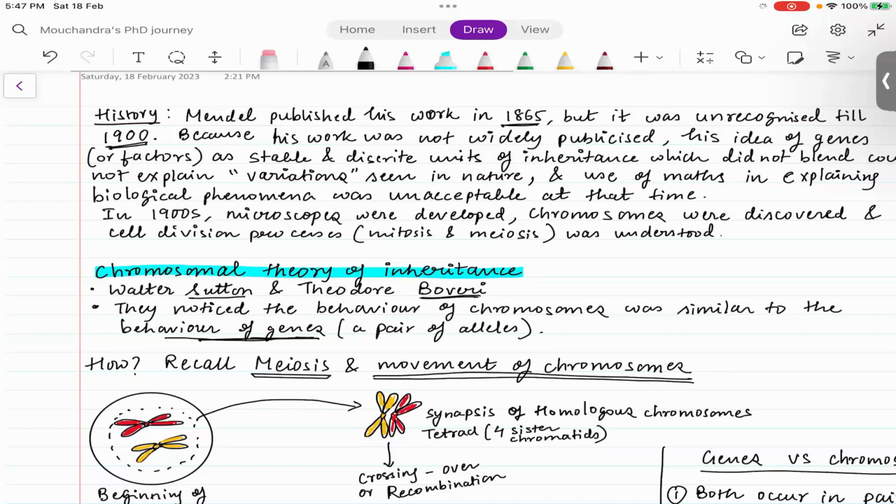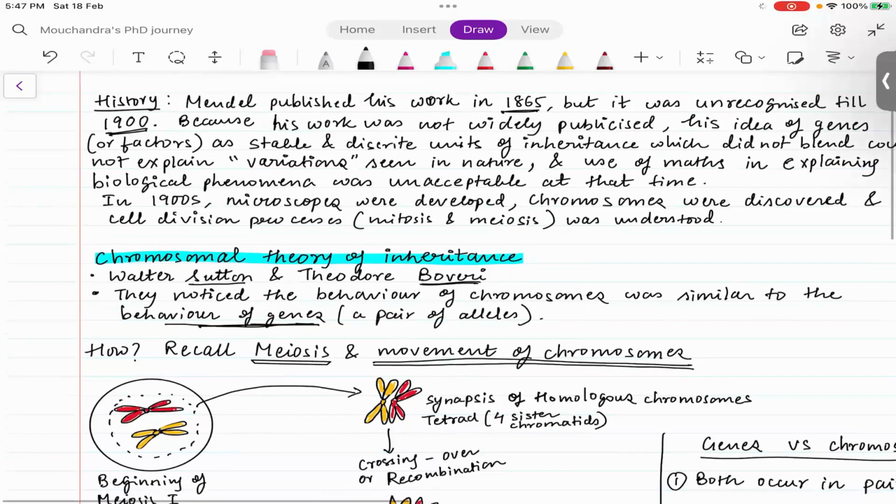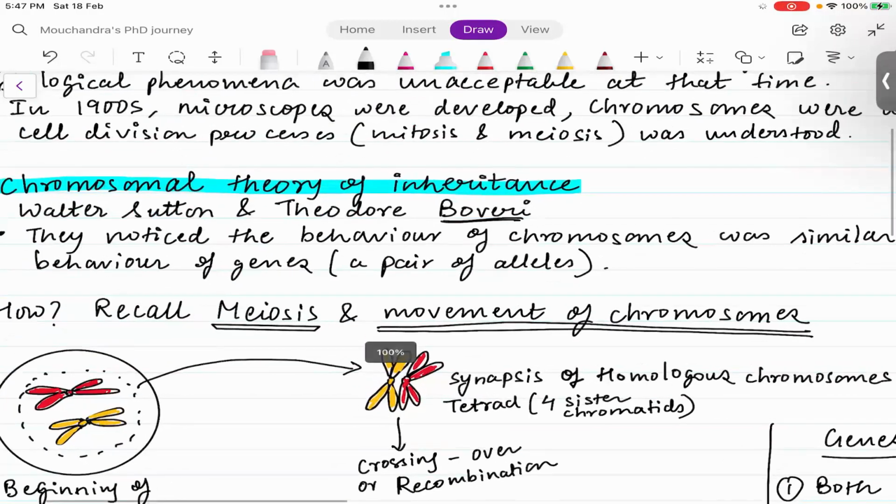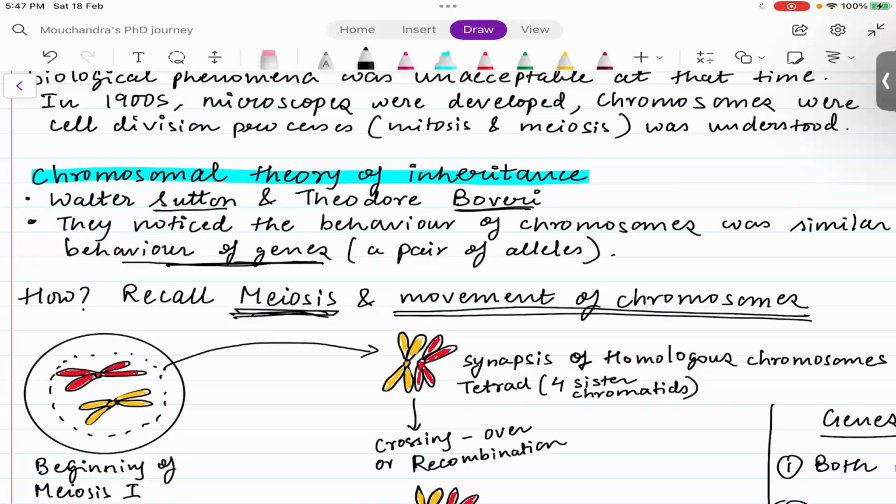His laws, the behavior Mendel proposed, were similar to what they observed for the chromosomes. Now, if you recall the concept of meiosis, which shows how chromosomes segregate during each step, then pair, and form the haploid gametes, you can understand why they are saying that the behavior of chromosomes is similar to the behavior of the genes.